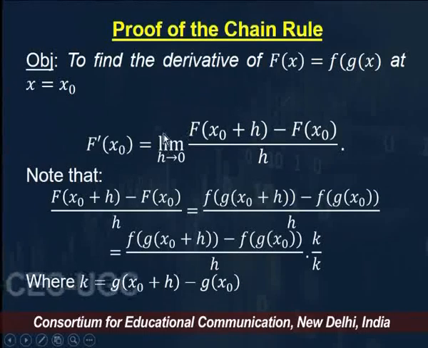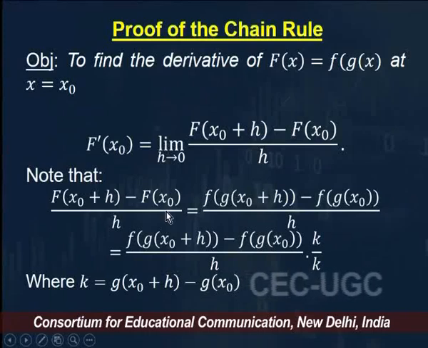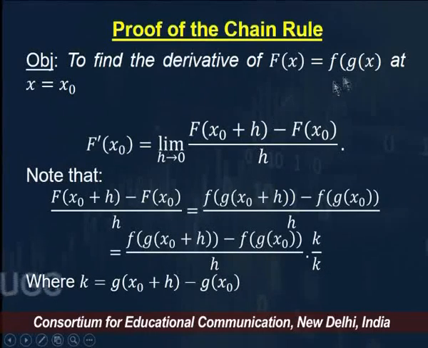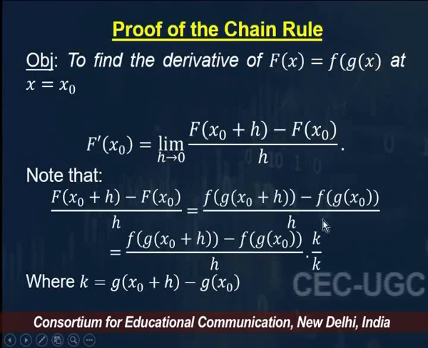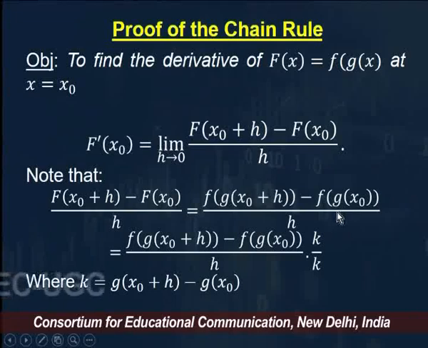Note that this Newton quotient can be written as f of g of x naught plus h, instead of x I just write x naught plus h, minus f of g of x naught, and then the whole thing divided by h.